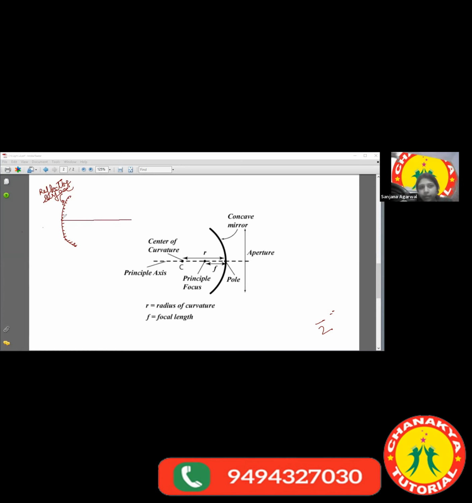A straight line is here. Imagine this is the center of curvature. At exactly half the distance, we will have the principal focus. This point touching the aperture of the mirror is the pole. This axis is the principal axis. Mark the distances. From pole to focus is focal length, small f.